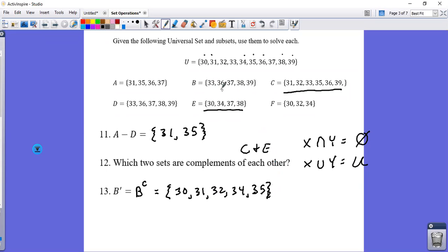So that's it. Like I said, if B has 5 elements, then the complement has to have 5 elements because our universal set is 10 elements. And that depends on the universal set.